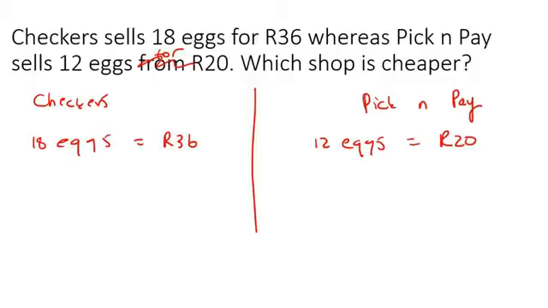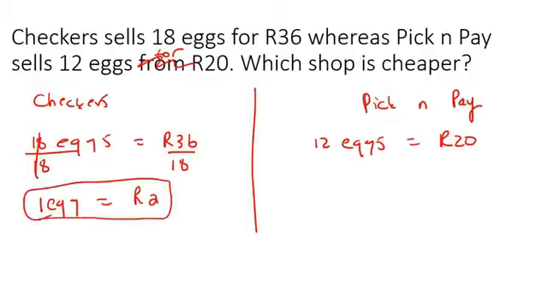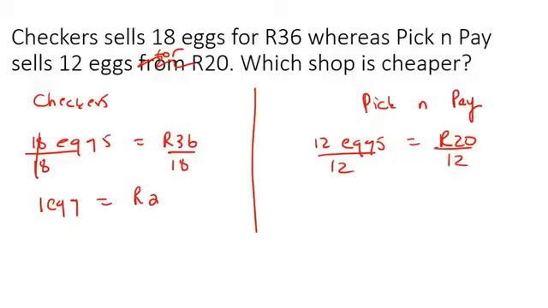So what we can do is we can go work out the price of 1 egg. So you can divide this by 18, and what you do to the one side, you do to the other side. And so 1 egg, because 18 divided by 18 is 1, is going to be 36 divided by 18, which is 2 Rand. So at Checkers, each egg is 2 Rand. Now at Pick n Pay, if you divide this by 12 and you divide this by 12, then 1 egg, because 12 divided by 12 is 1, then 20 divided by 12 is 1.67.